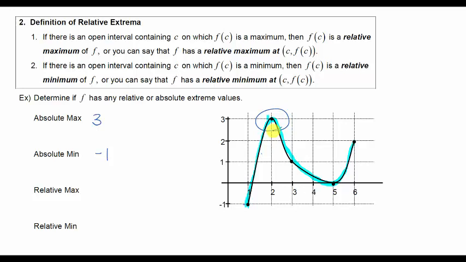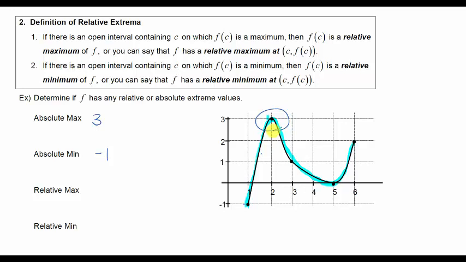Yes. Relative max may or may not equal the absolute max. In this case, because the absolute max was a hill, your relative max will be that hill as well. Every hill is a relative maximum.